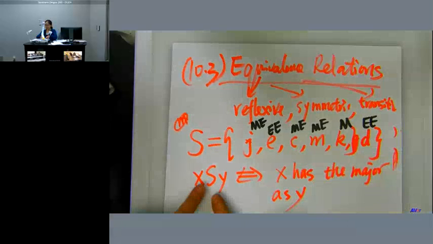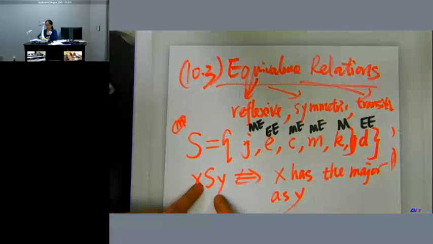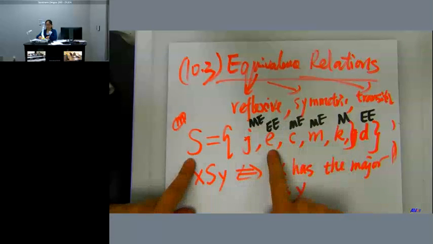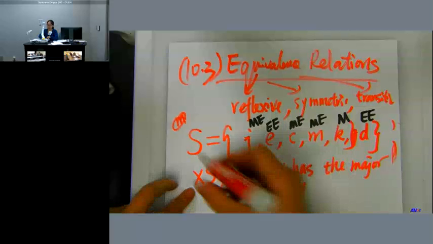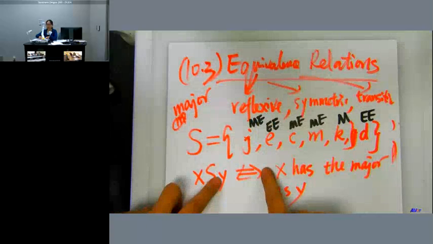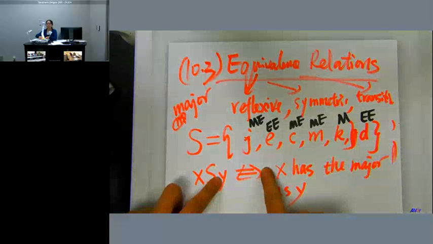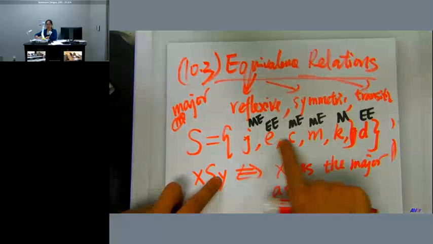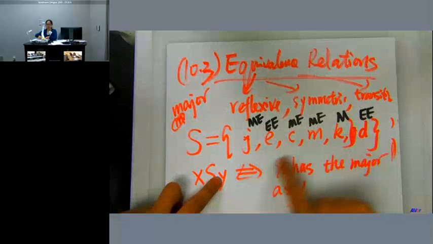So why is this an equivalence relation, why is it reflexive? Can you explain in one sentence? Why is this major relation reflexive? Because everybody has the same major as themselves, right?